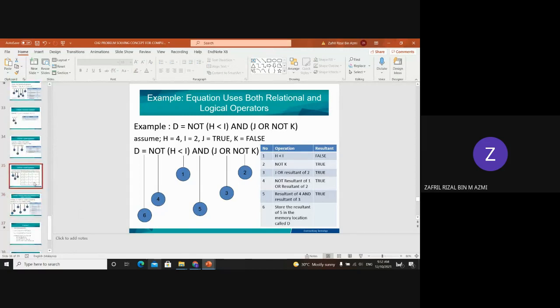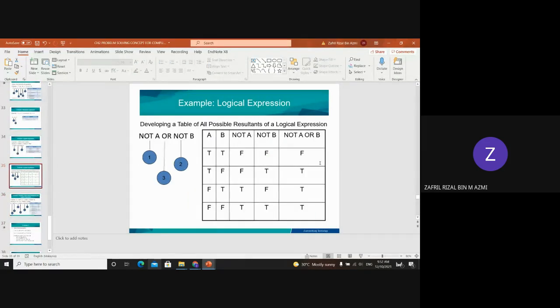Additional information for data involving logical or relational operators. If the question asks you to develop a table of all possible resultants for this equation, you need to list down all possible conditions to get this result.